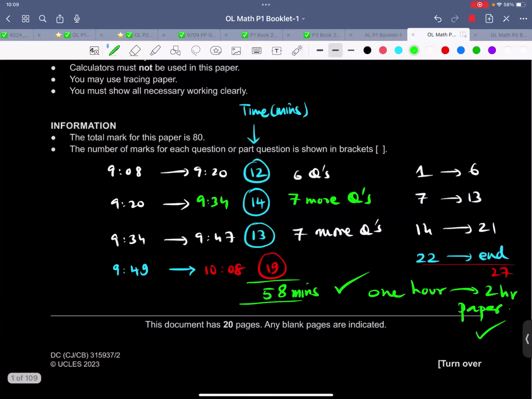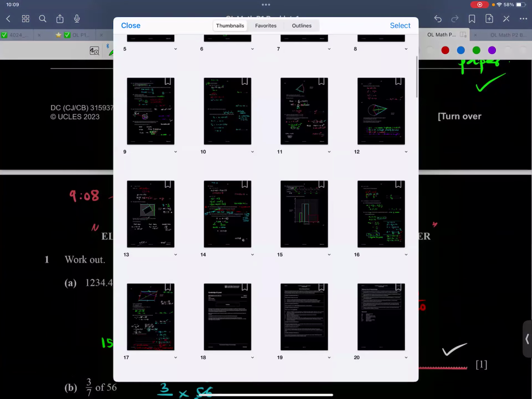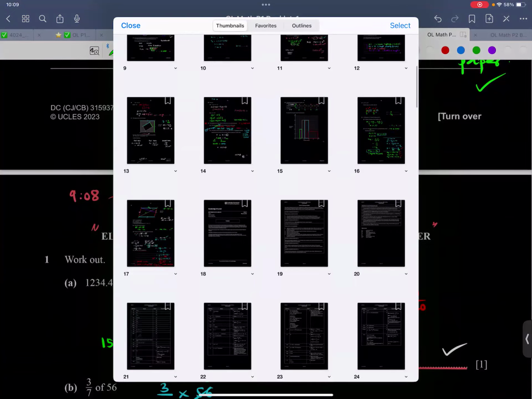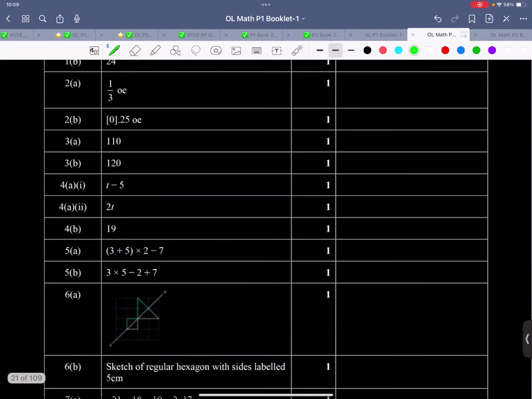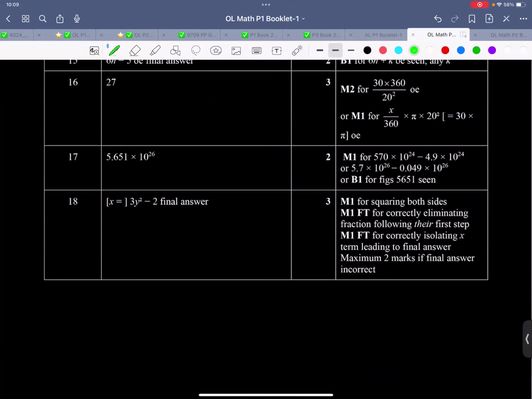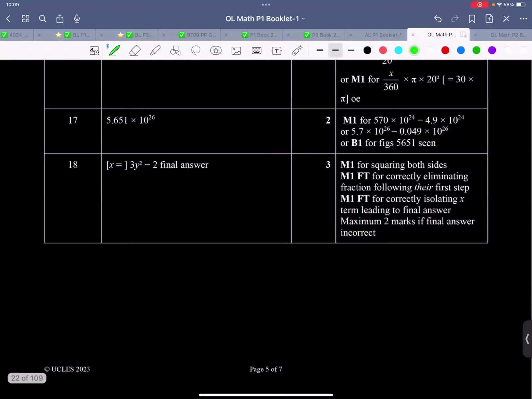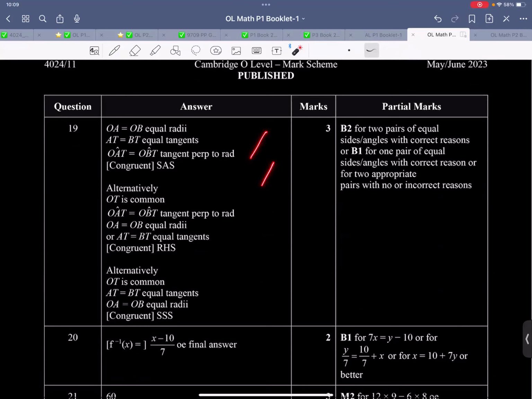So now this part is over, but let's move to the examiner report. Now, in the mark scheme, only answers are given. There is nothing special in the mark scheme. You can just double check the answer. Maybe sometimes they explain, for example, the standard form. Some reasoning for the congruency.